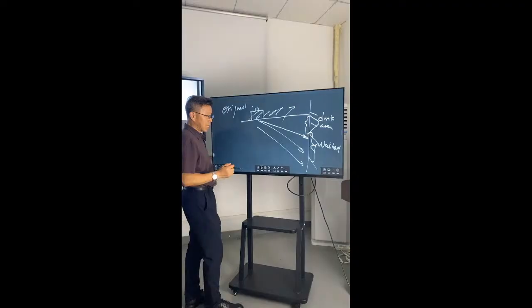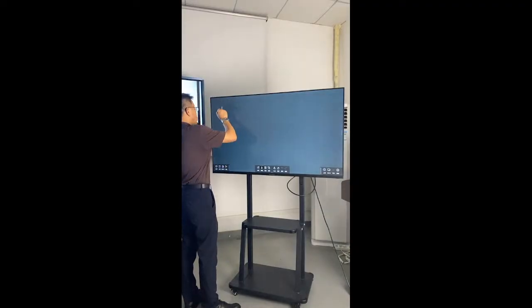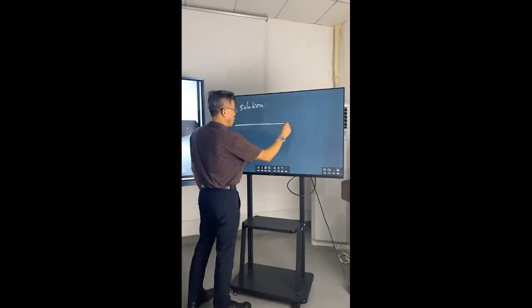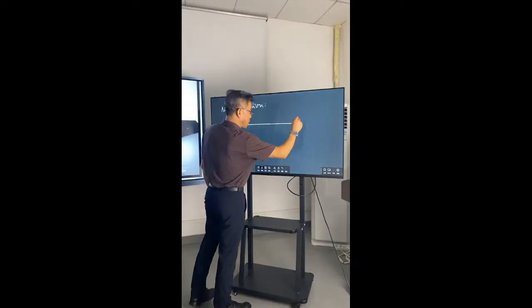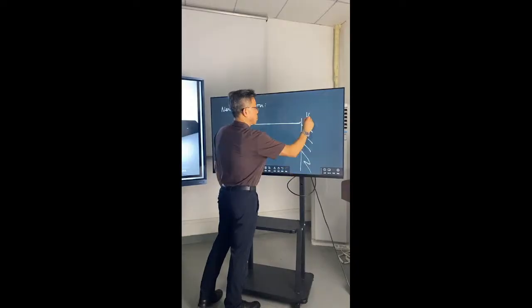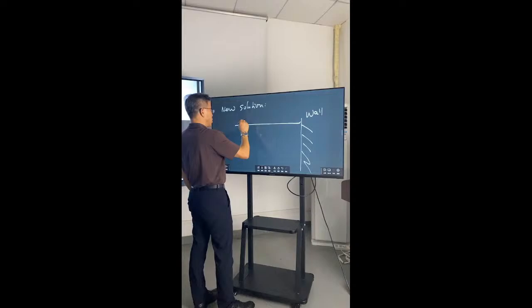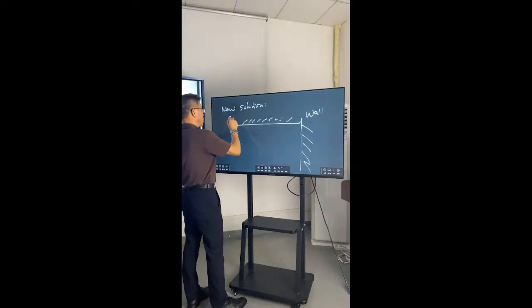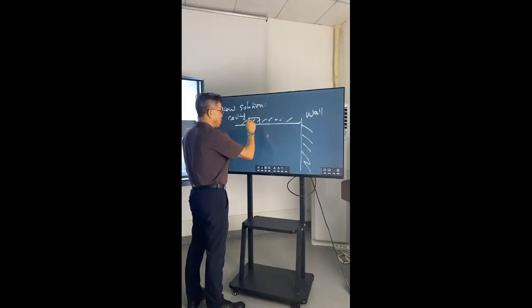Now we have a new solution. Encore's new solution. Here is the wall, right? Here is the ceiling. This is the downlight. Okay.